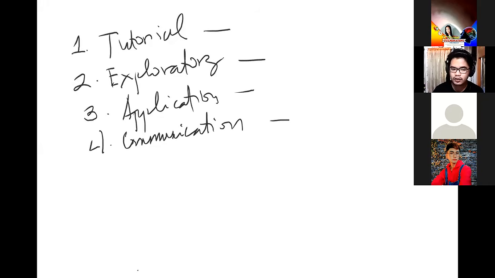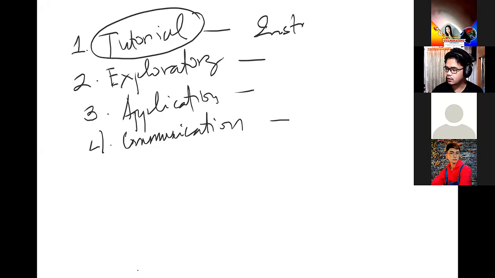Now, educational technology is used for tutorial when we do instruction. Like this one, we use books, we use magazines, we use educational televisions to deliver the information to our learners.